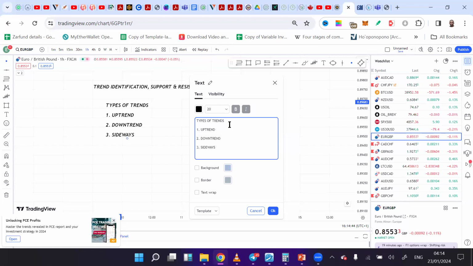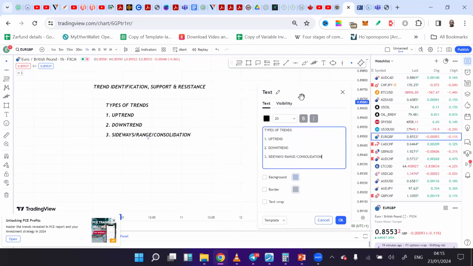We also call it the range. We also call it consolidation. Sometimes it's even called a no trend, right? So these are the three types of trends.